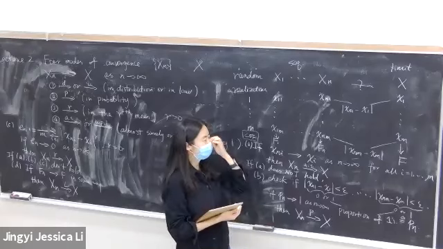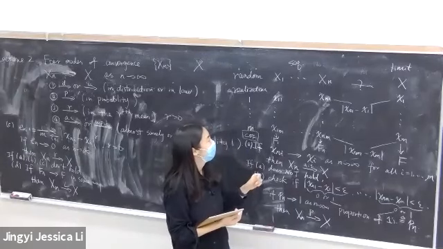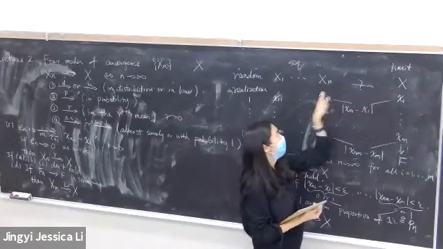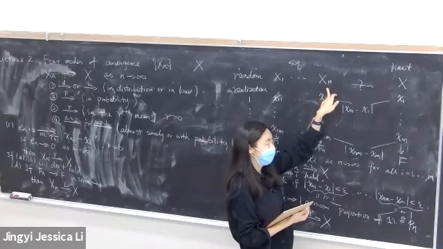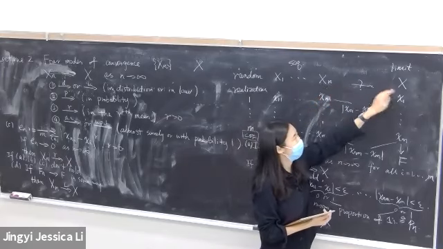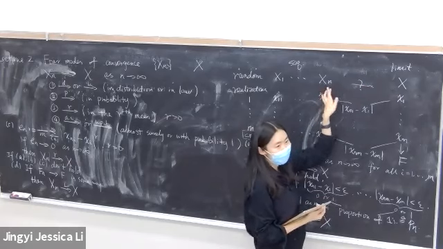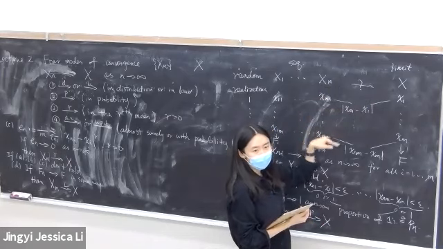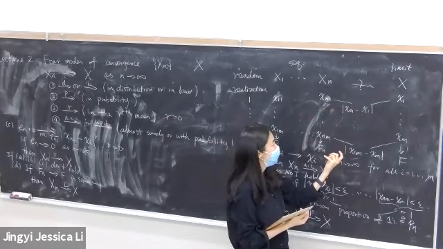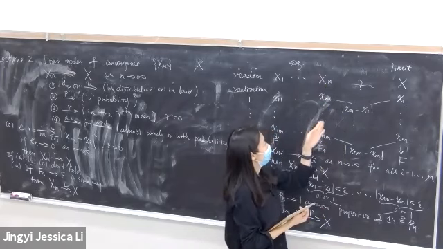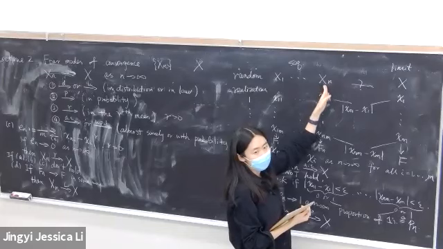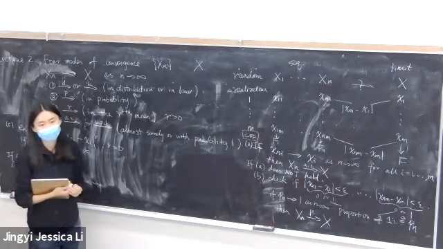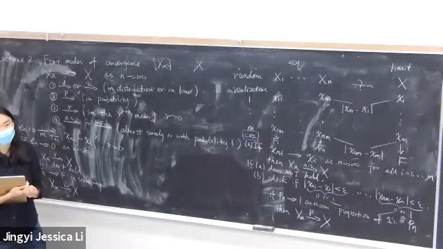Just to make an extreme example, let's say X is uniform 0 to 1, and Xn I define to be 1 minus X. Then if this is 0.1, it's 0.9; 0.2, 0.8. If I define it that way, there will be no convergence in each realization at all, because they're not getting closer. However, look at the distribution. This 1 minus X is still uniform 0 to 1, so they share the same distribution. So you have convergence in distribution. Does it make sense?